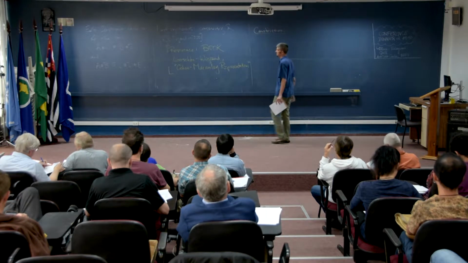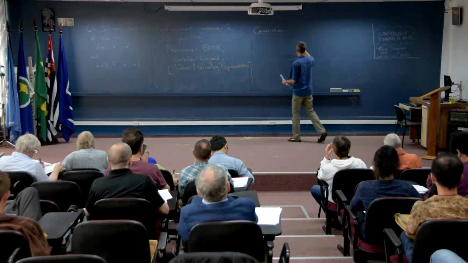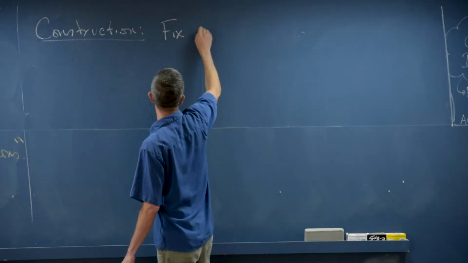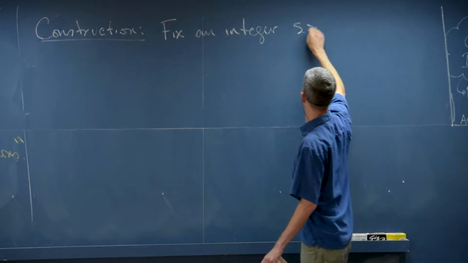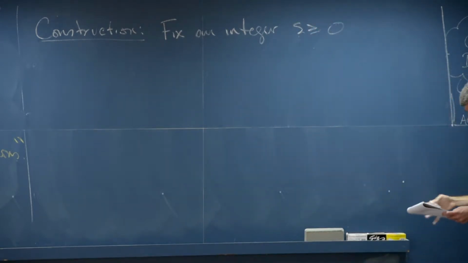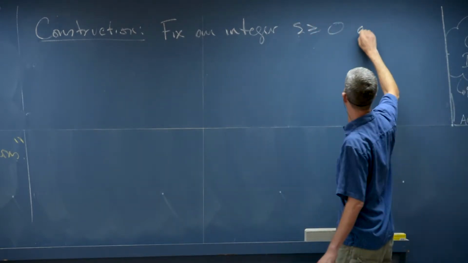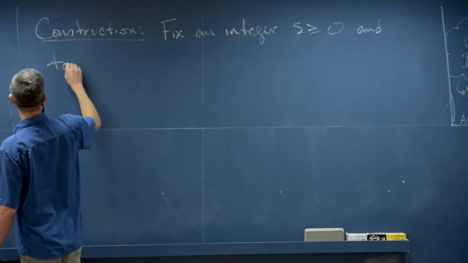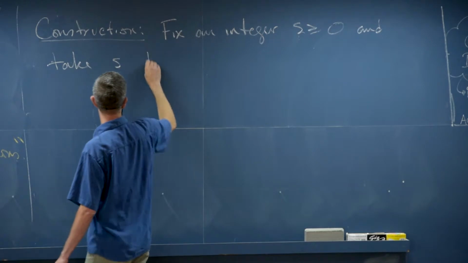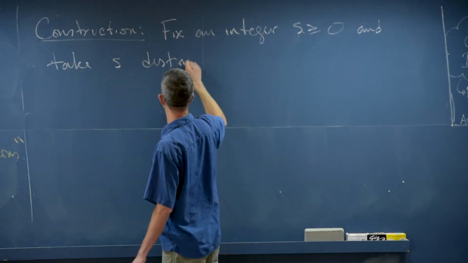So here's the construction. Let's fix an integer s, and let's take s distinct rational numbers.